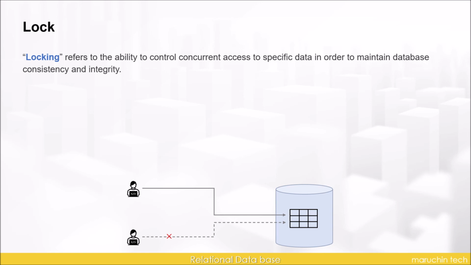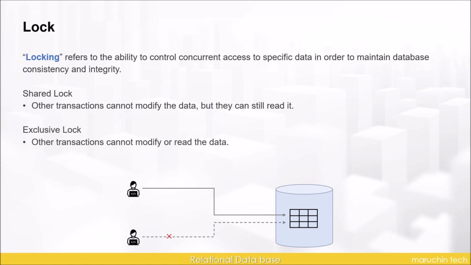There are two types of locks, the shared locks and the exclusive locks. When shared locks are enabled, other transactions cannot modify the data, but they can still read it. If exclusive locks are enabled, no other transaction can modify or read the data.